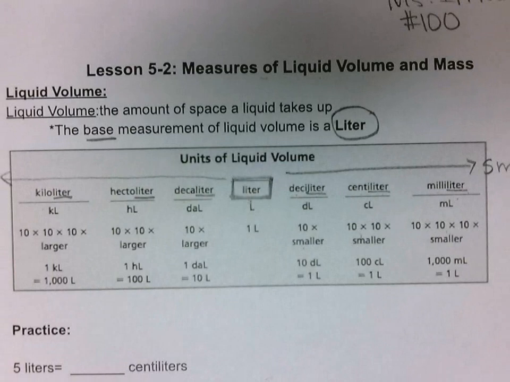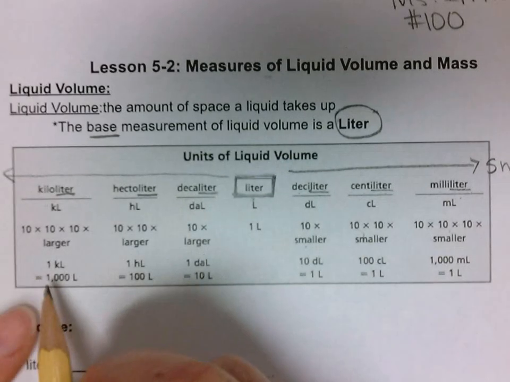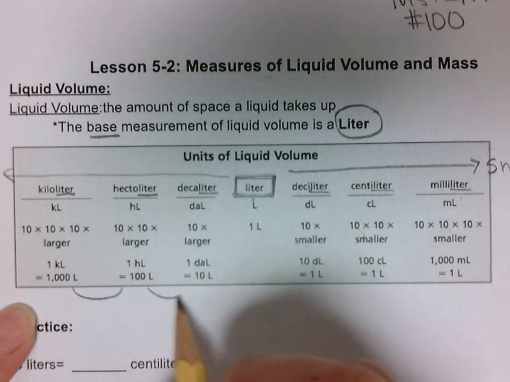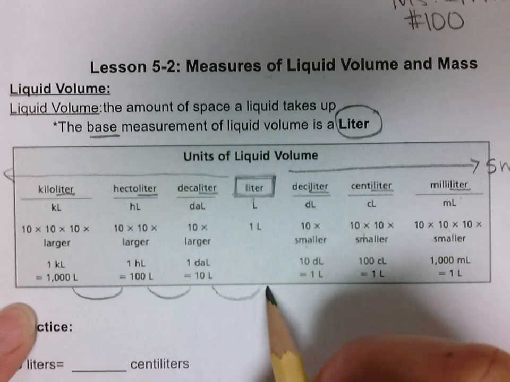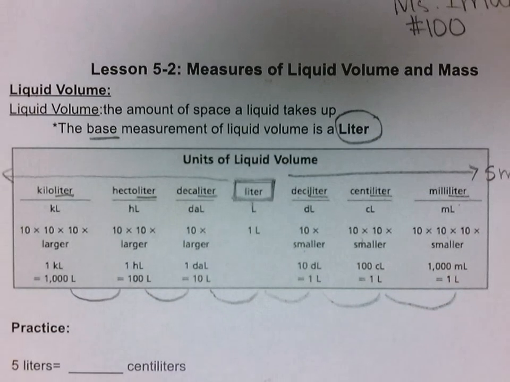It's important for you to know how much smaller and how much bigger each move on the chart is. So each time we move from one measurement to the next, we know that it's grouped by groups of 10.